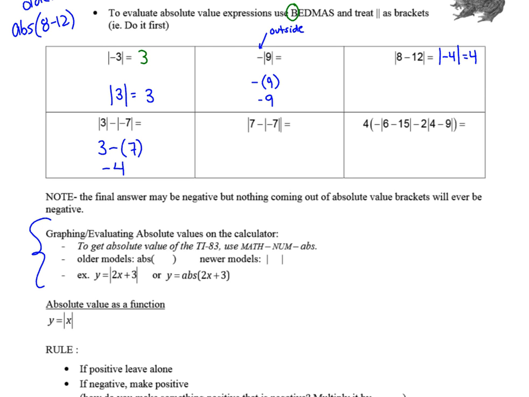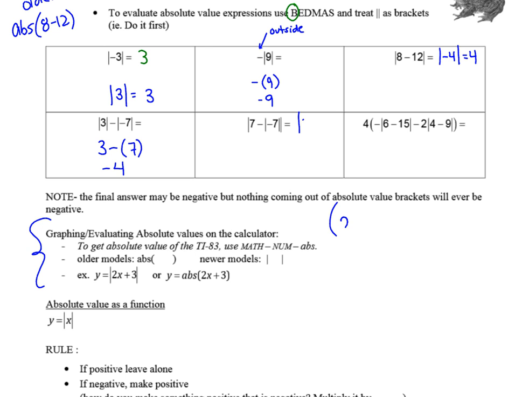You can have an absolute value inside an absolute value. So how do we deal with brackets inside brackets? It's like Inception. It's a good movie. It's becoming an old one now. We have brackets inside brackets.